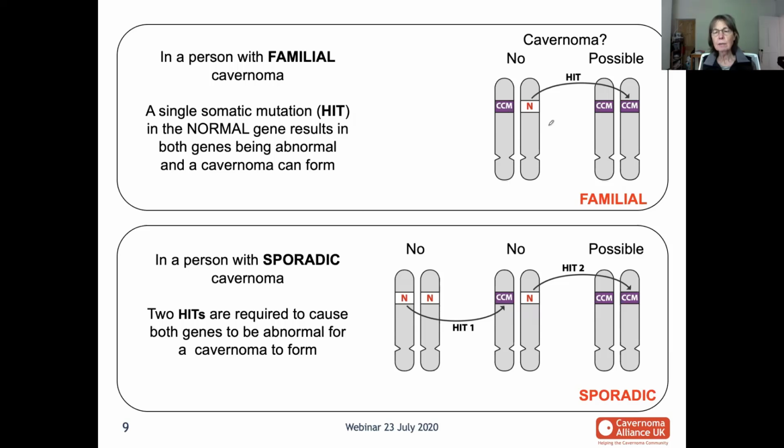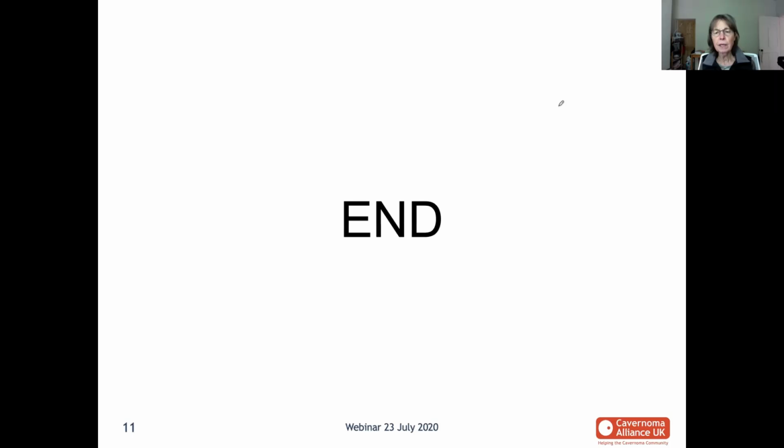It's a genetic mutation and thus abnormality that happens post-birth, that has nothing to do with the inheritance line. That to me was something I had to get my head around when I first learned about these hits. So there's a familial, inherited form and a non-inherited form, but both of them have to have this hit business. Once I got my head around that, I thought I understood it a bit better, even if not 100%. So that helped me.